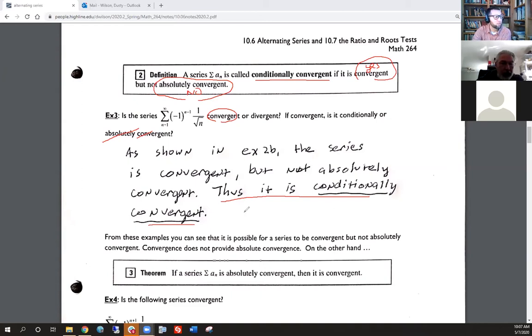One thing that should jump out from this is the following theorem: if a series is absolutely convergent, then it's also convergent. Let me make sure this is clear. Convergent does not mean absolutely convergent.